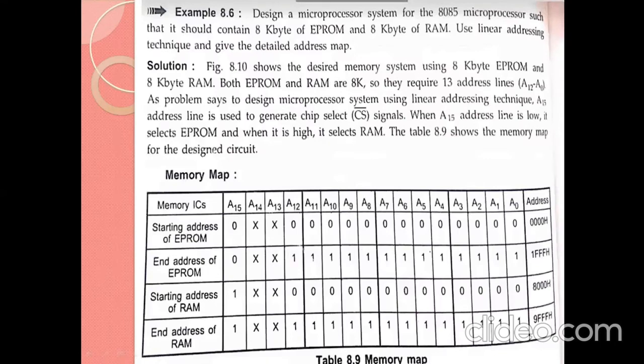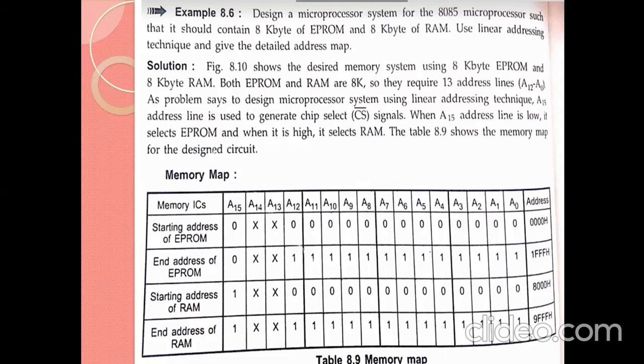Next example: here you are going to interface EEPROM and RAM using linear decoding. Both are 8 kilobyte. The starting address of the EEPROM is 0000 and the ending address is 1FFF. The starting address of RAM is 8000 and the ending address is 9FFF. Here, if you see the address, there is no continuity. You can assign any address.